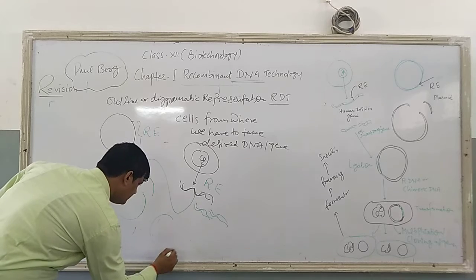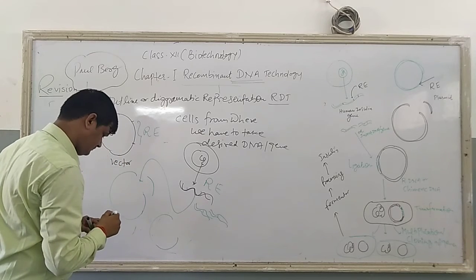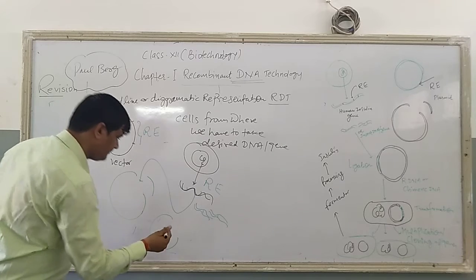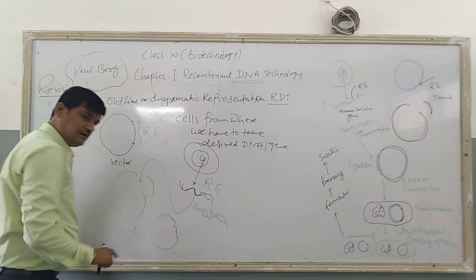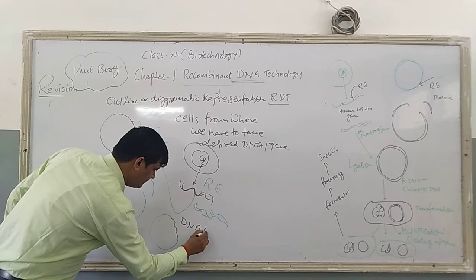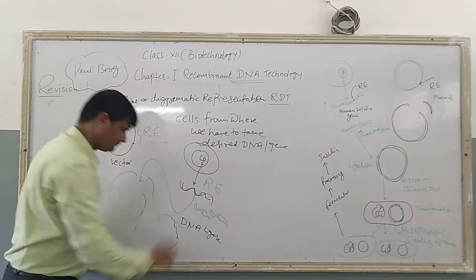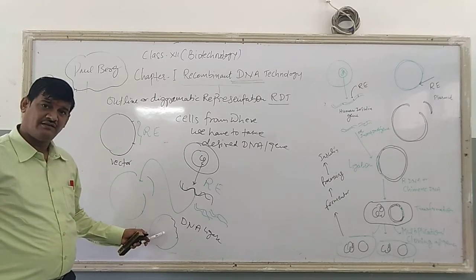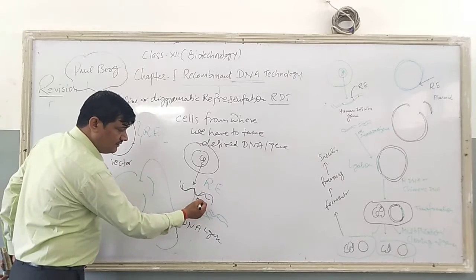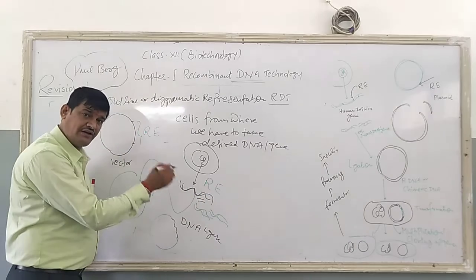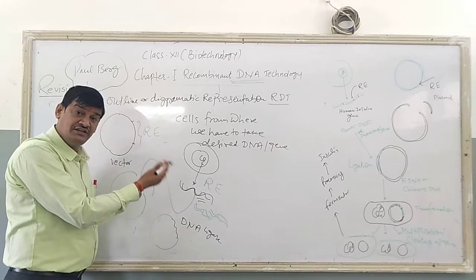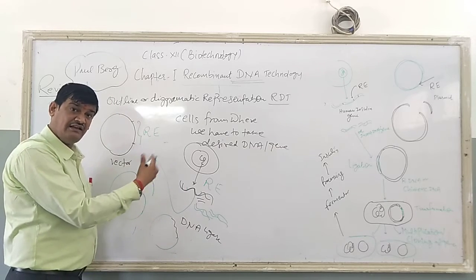Then here is the role of the enzyme called DNA ligase. DNA ligase helps the pasting of this foreign gene, foreign DNA. Sometimes it is also known as insert DNA.